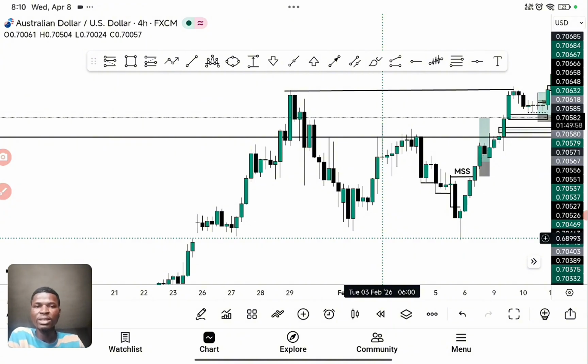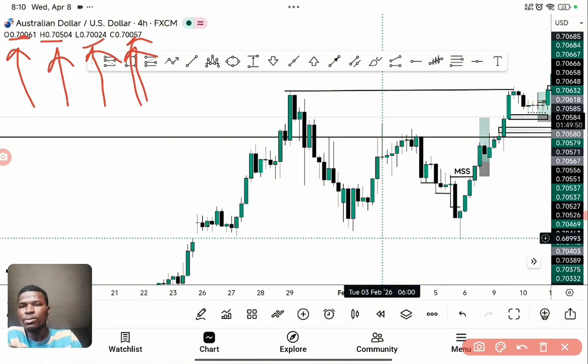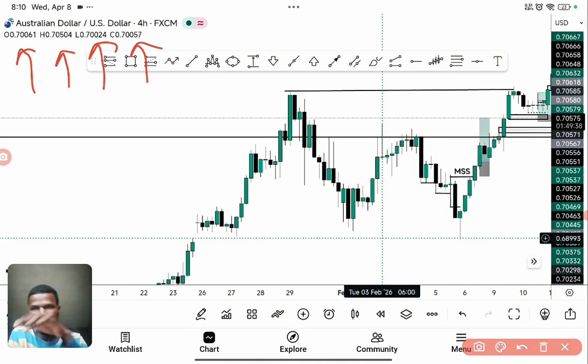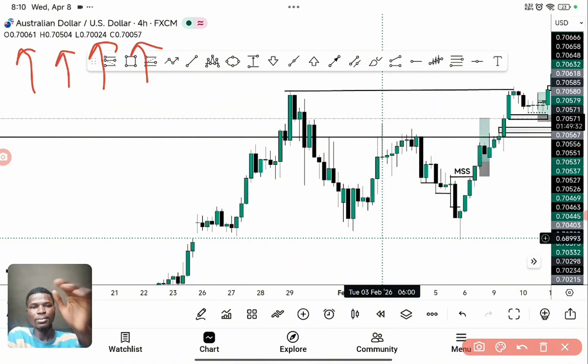See, I have hovered over this first line on this candle. Opening price, highest level the price ever reached, lowest level it ever reached, and this is the closing price. You can see it. This is the full function of a candle.